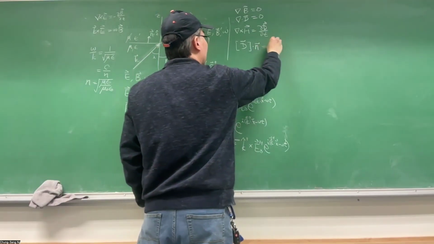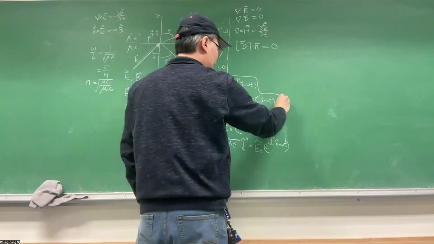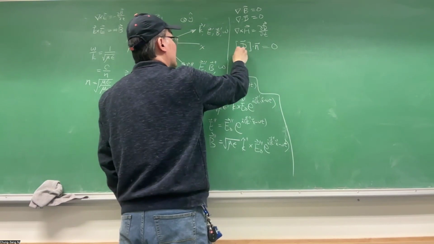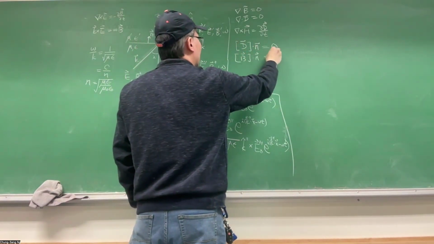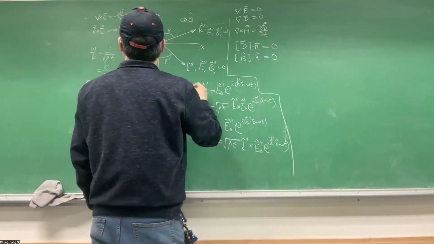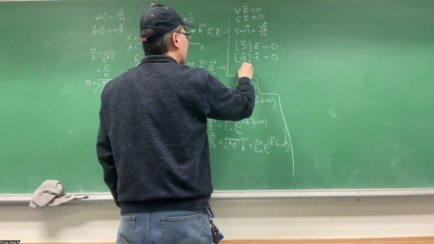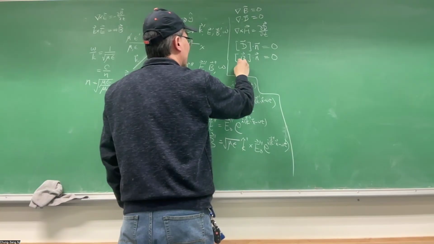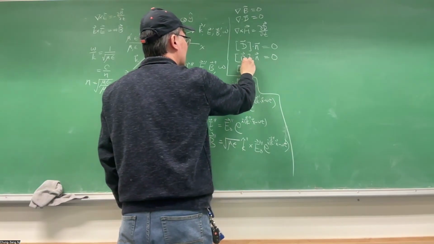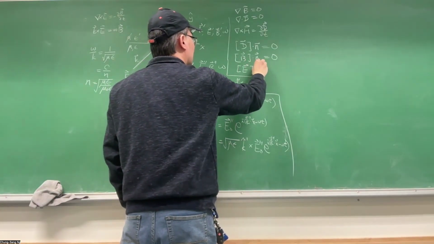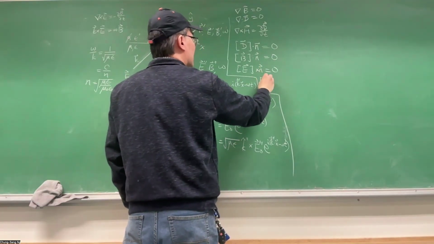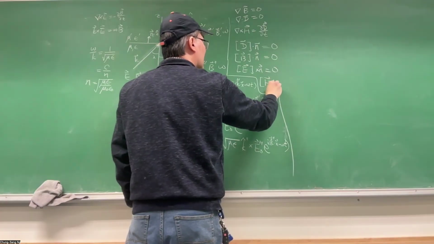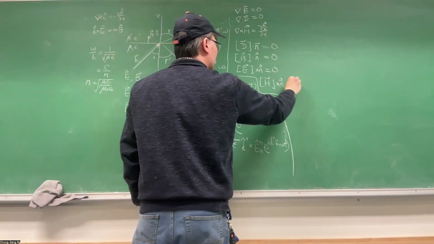So that is 0. Similarly, the jump of B dot n is 0, and then the two curls become: the jump of E cross n is 0. And then finally, the jump of H cross n is 0.